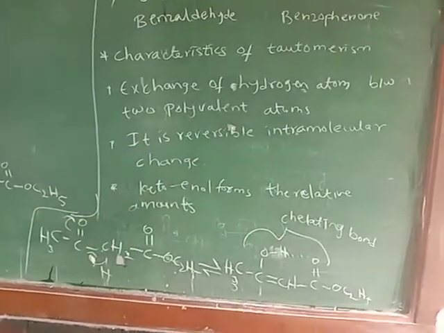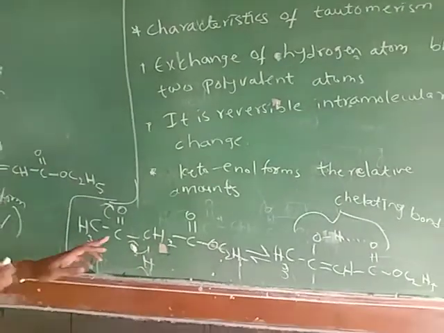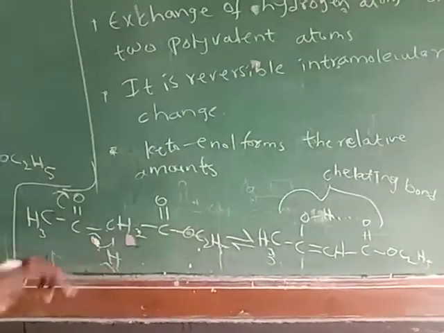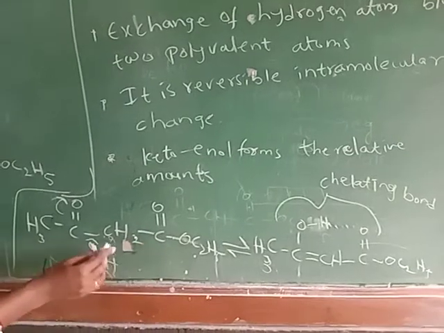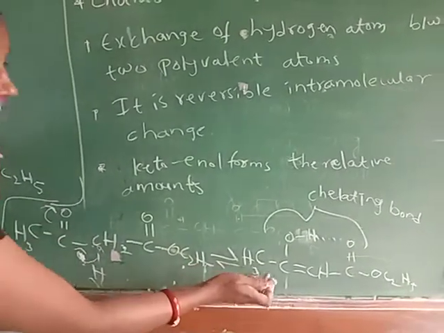So what happened here? I am taking one molecule, ethyl acetoacetate. Here the alpha hydrogen from the right side shifts, and the pi electrons shift towards oxygen. Now we are getting an enol form.